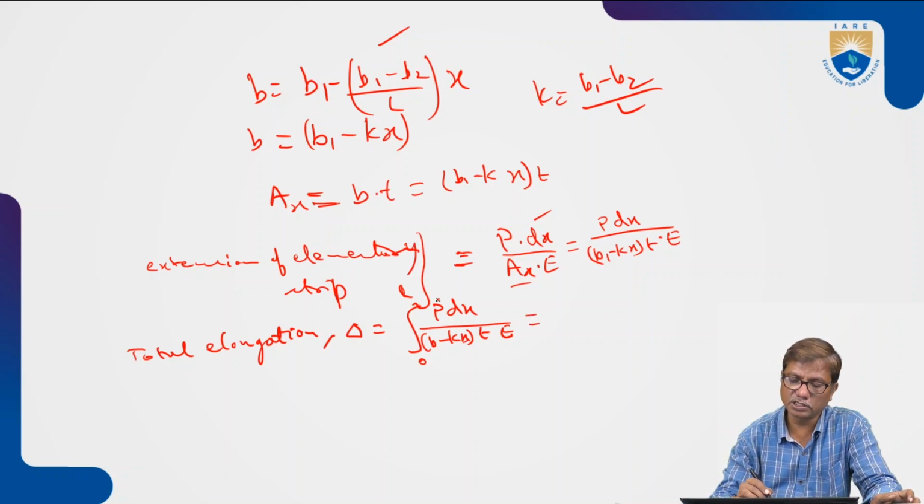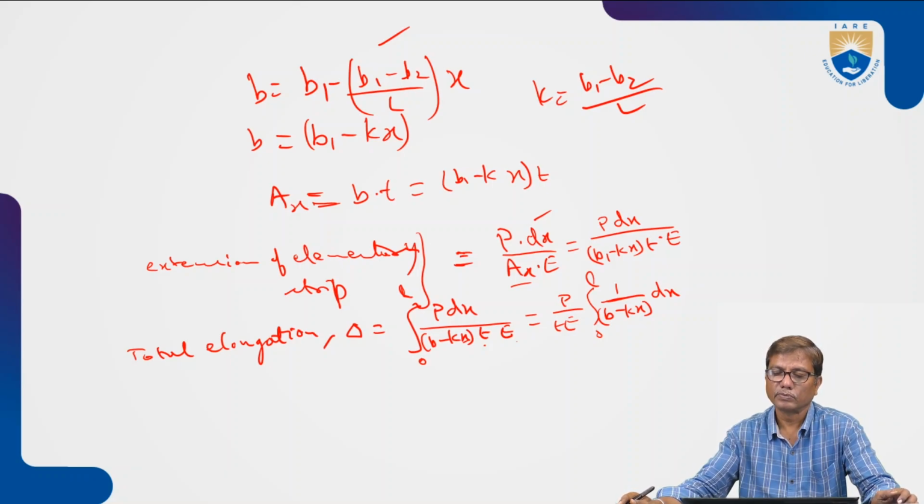So you take the constants out of the integral. P, T and E are independent of x, so you can take them out. Integral from 0 to L of 1 by b minus kx dx.